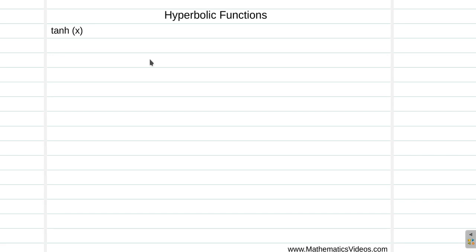In previous videos, we looked at the hyperbolic sine, examples of the hyperbolic sine, and also the hyperbolic cosine. Now what we want to do is look at the hyperbolic tangent.